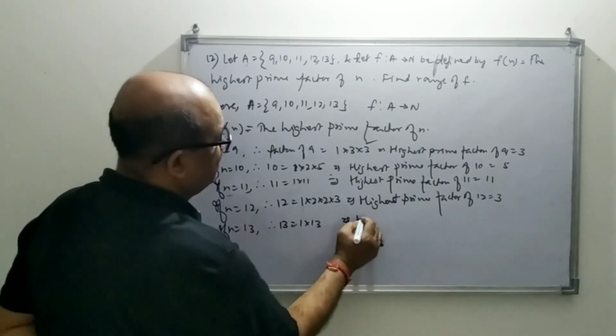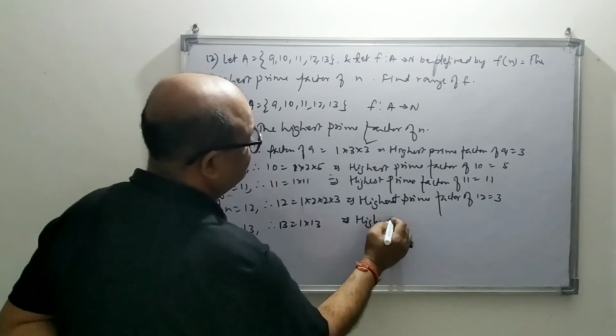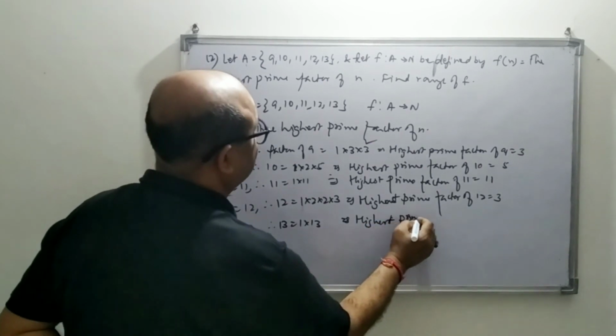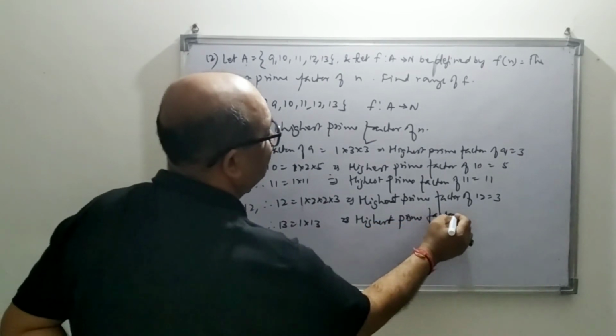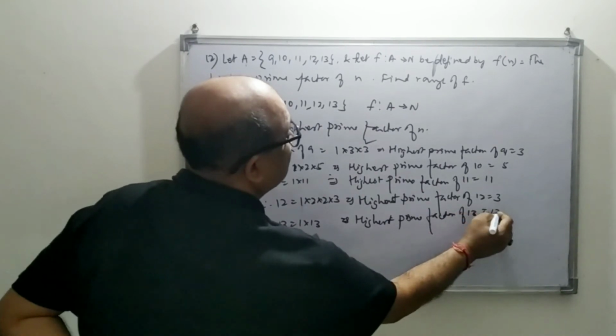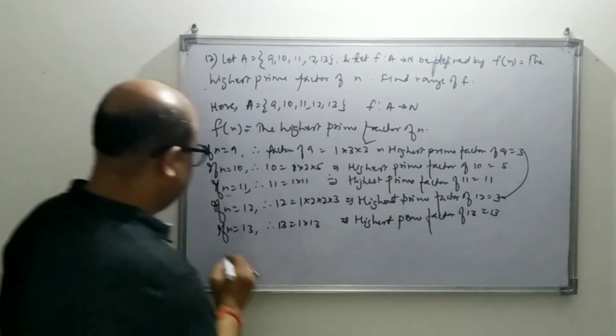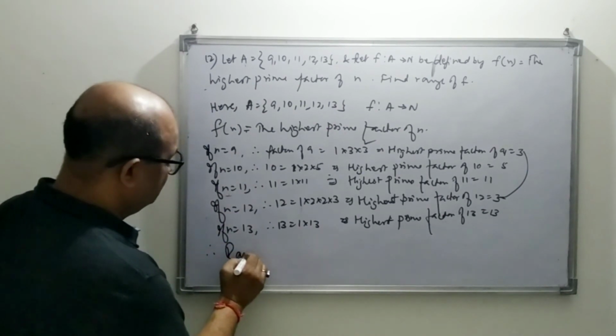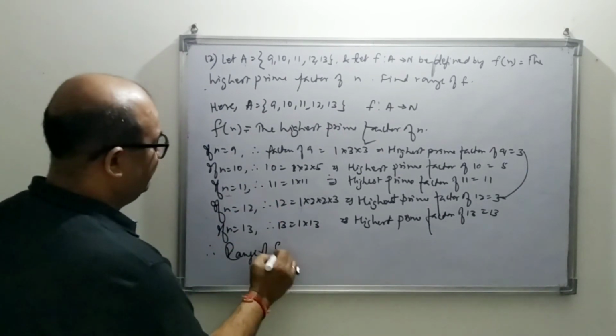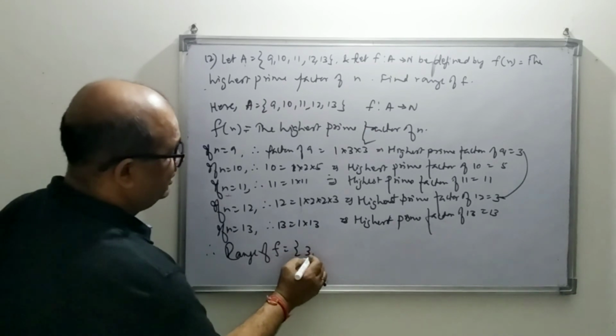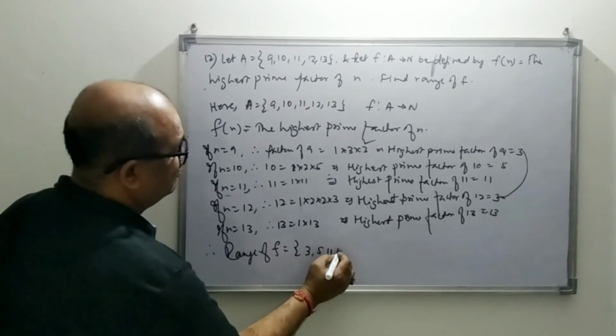That is, the highest prime factor of 13 equal to 13. So what I get here? Here 3 is repeated, we write it once. Therefore the range of f is given by {3, 5, 11, 13}.